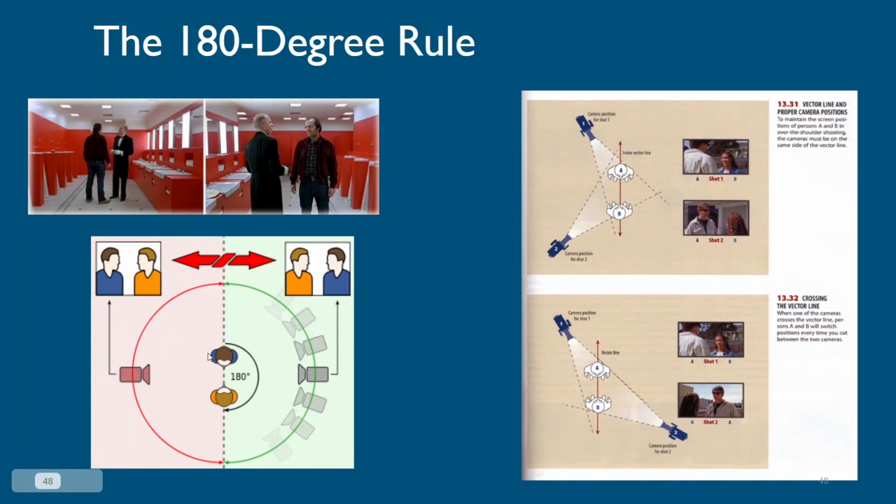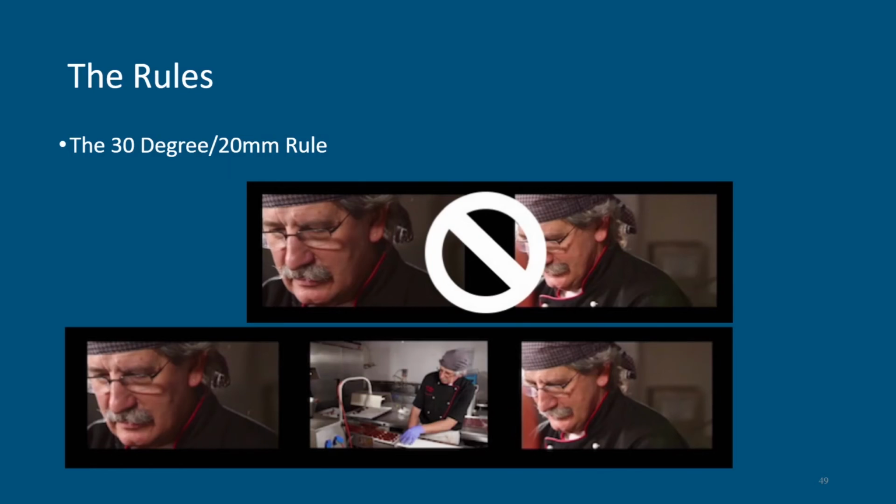We don't sit there and get taken out. But thematically, this also has a purpose in that if you've seen this movie, mirrors are really important, and that's kind of what mirrors do to us, they sort of flip things a little bit. Anyway, that is the 180 degree rule.